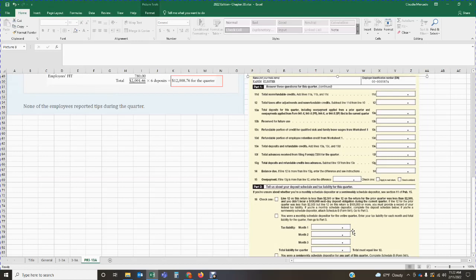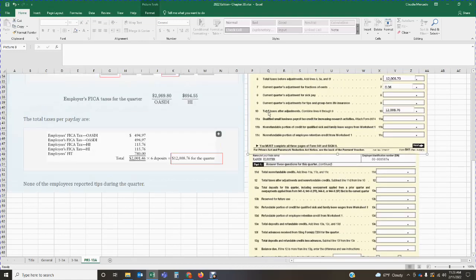We're going to go to line number 12. This is total taxes after adjustments and non-refundable credits. Subtract line 11D from line 10. So in 11D, we didn't have anything because we didn't have any non-refundable credits. But let's look at line 10. Line 10, we had 12,876.